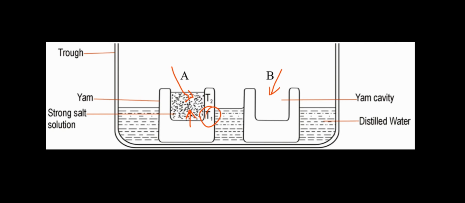So we can see yam tuber B, the cavity there is empty without salt solution. Now, they are both kept in a trowel, and this trowel contains distilled water. That is the distilled water that is shown in the diagram.